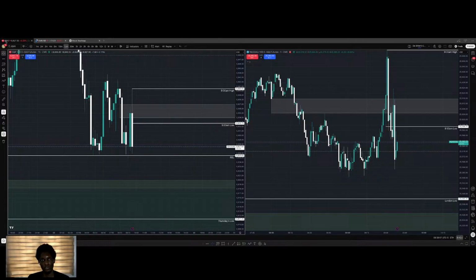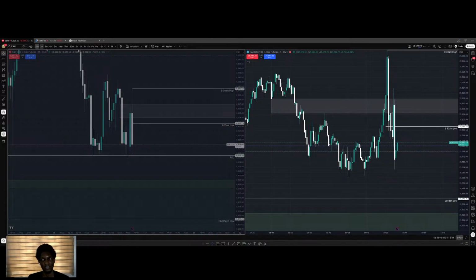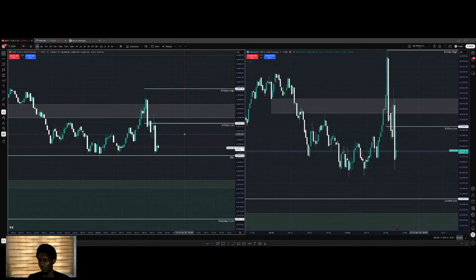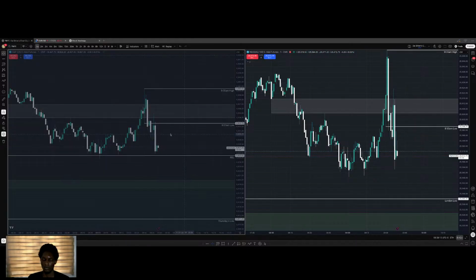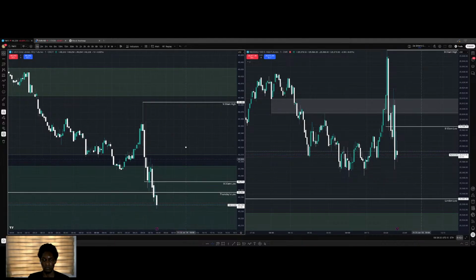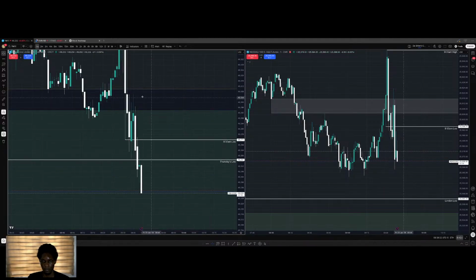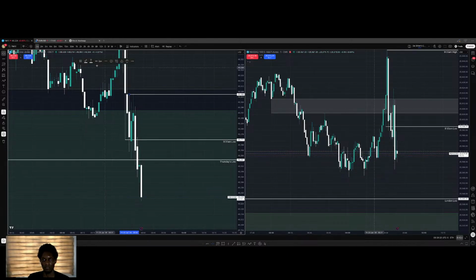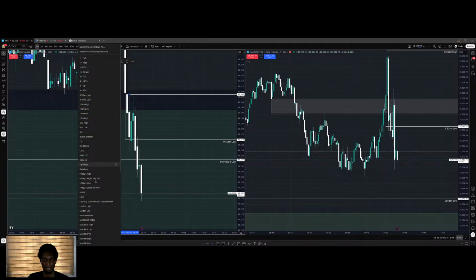We've taken our London low on ES. So we do have SMTs actually with NQ. Created relative equal high 306, 306, yeah. I'll just wait after the news, then I'll take a trade.